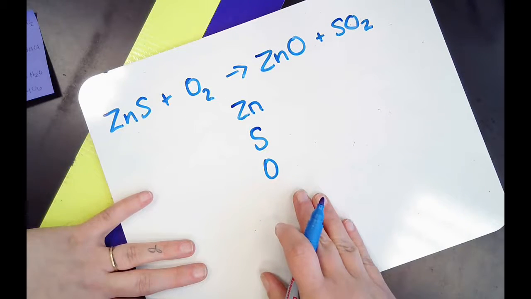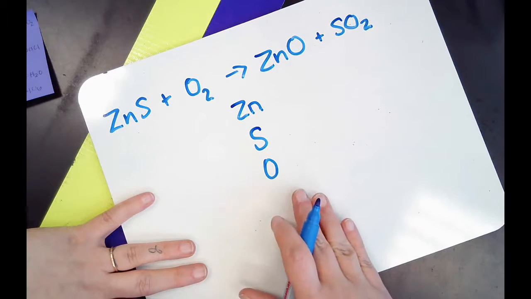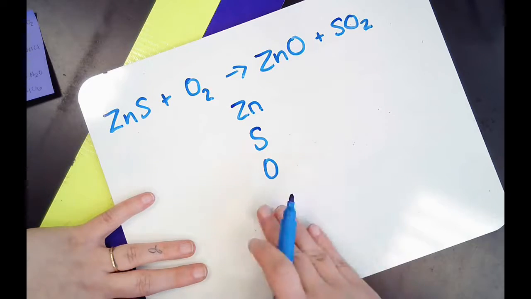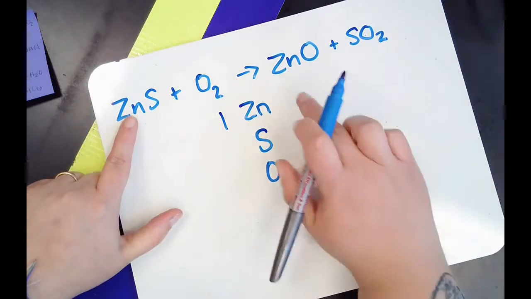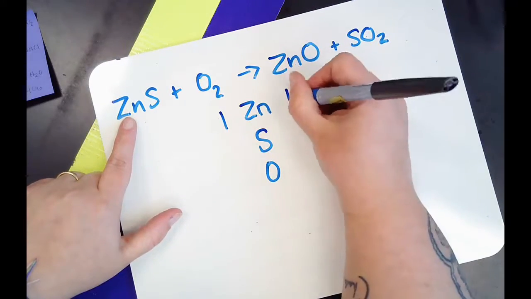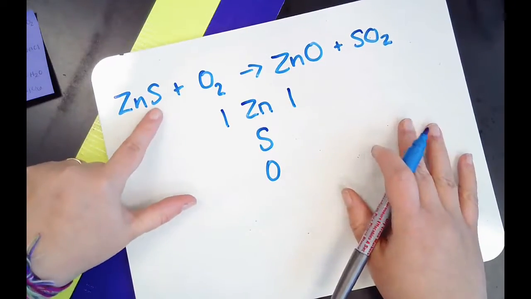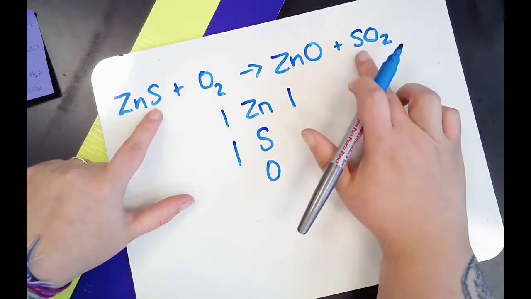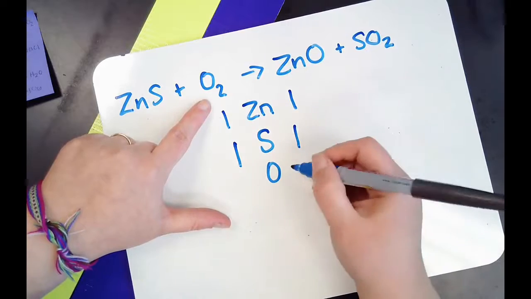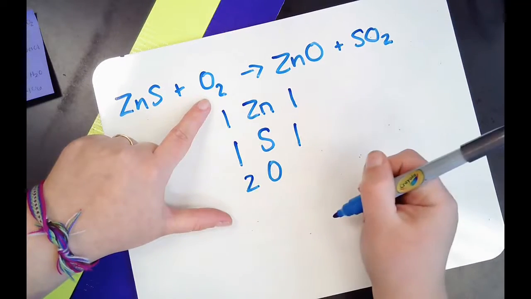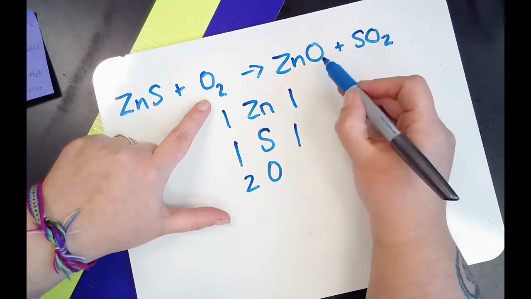My next step is to count how many of each are on each side of my equation. I have one zinc on this side, I have one on this side. Sulfur, I have one, and I have one. Oxygen, I have two, and I have 2, 3.